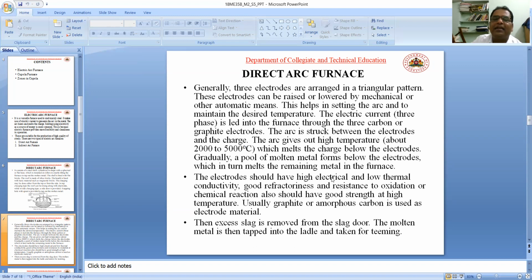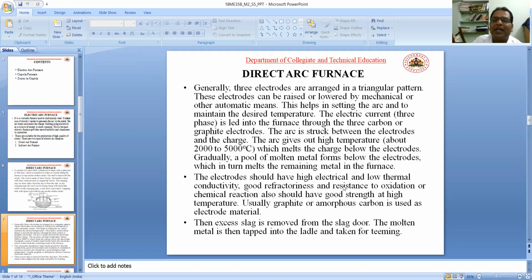The electric current, especially three-phase, is led into the furnace through the three carbon or graphite electrodes. The arc is struck between the electrodes and the charge. The arc produces high temperature, about 2000 to 5000 centigrade, which melts the charge below the electrodes. Gradually, a pool of molten metal forms below the electrodes, which in turn melts the remaining metal in the furnace.